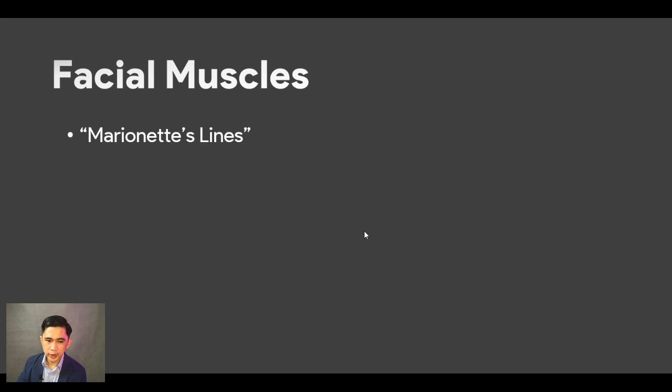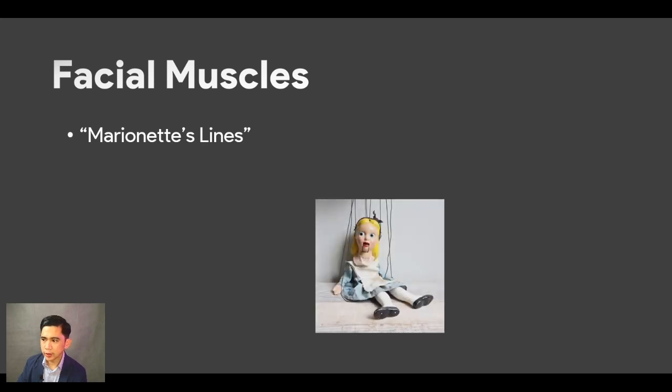Then we have the marionette lines. What's a marionette? A marionette is a kind of puppet, and this type of puppet has an opening in the mouth so that they can actually control the mouth while doing puppet shows. So these are the marionette lines.